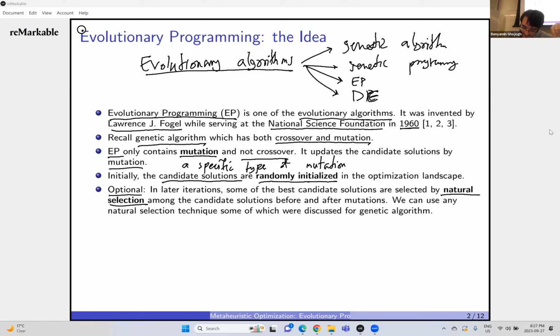So some of the best candidate solutions can be selected by natural selection. Again, I emphasize it's optional among the candidate solutions before and after mutations. So we do natural selection optionally and then mutation. We can use any natural selection technique that we discussed for genetic algorithms, right?